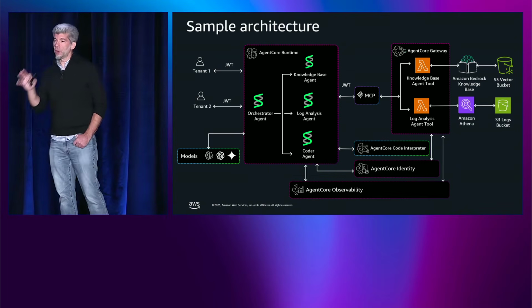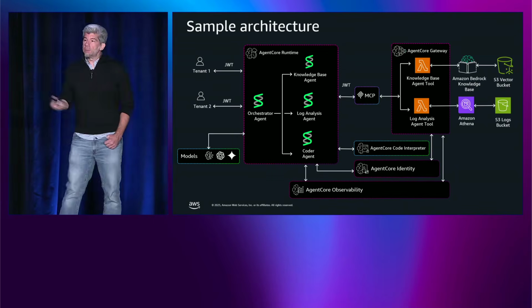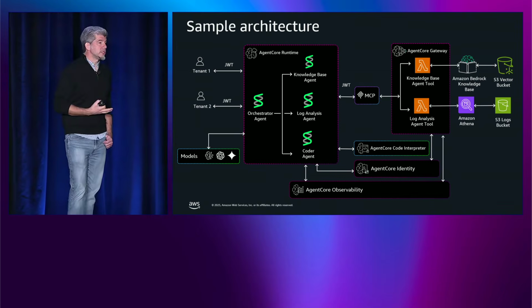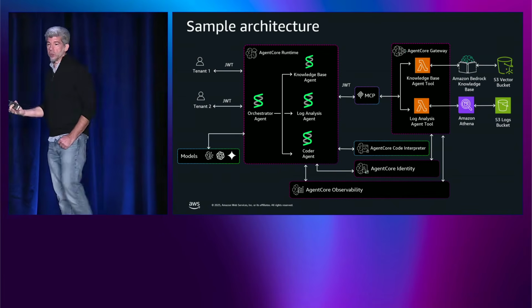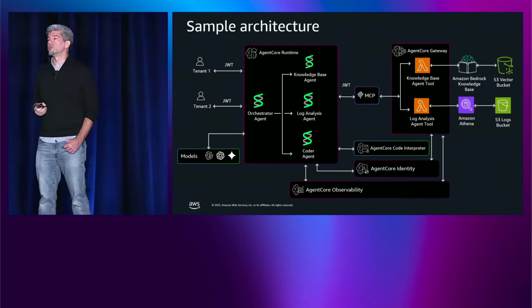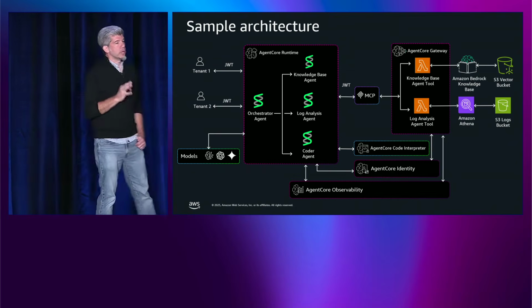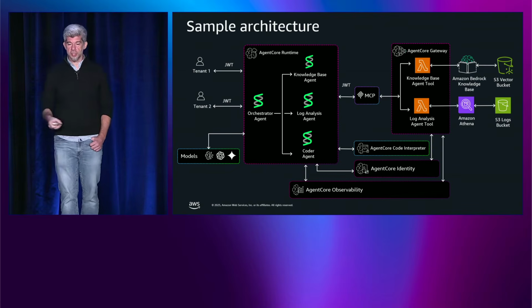We're going to get into what it means to manage tools in AgentCore. We're going to talk a little bit about AgentCore Identity. What does it mean to manage authorization and authentication in a SaaS solution, in a multi-tenant solution, and in AgentCore itself? And then finally, observability. I wouldn't want to do any talk around multi-tenancy without talking about observability and how we implement the ability to get visibility into the operations of our solution.